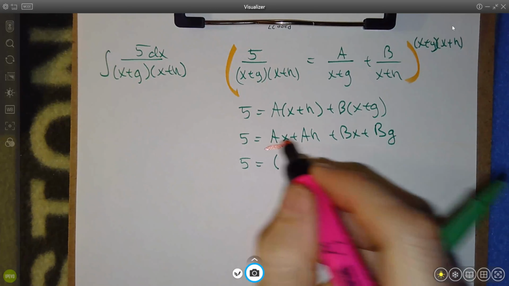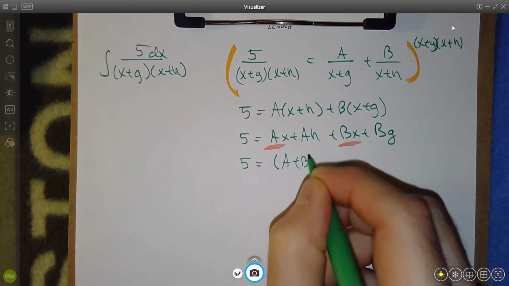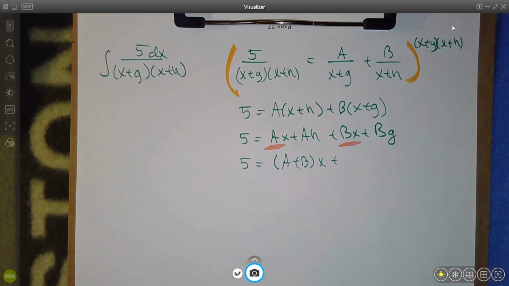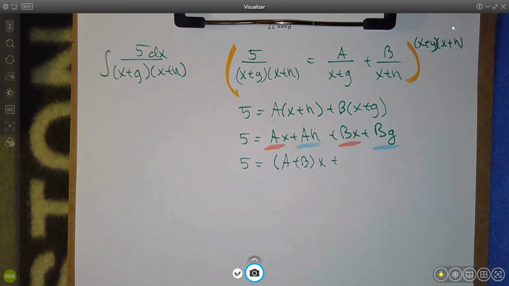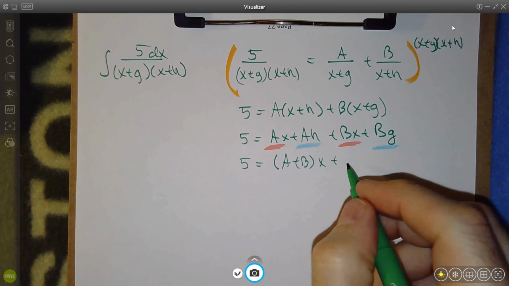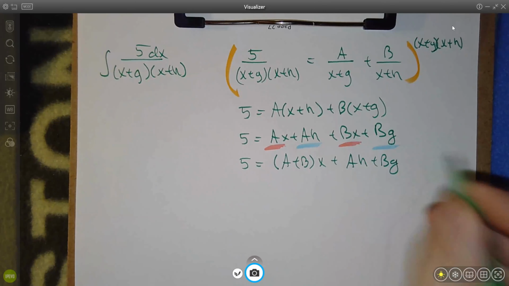So I've got an a plus b times x. And then what's left over is our constant term, ah plus bg.